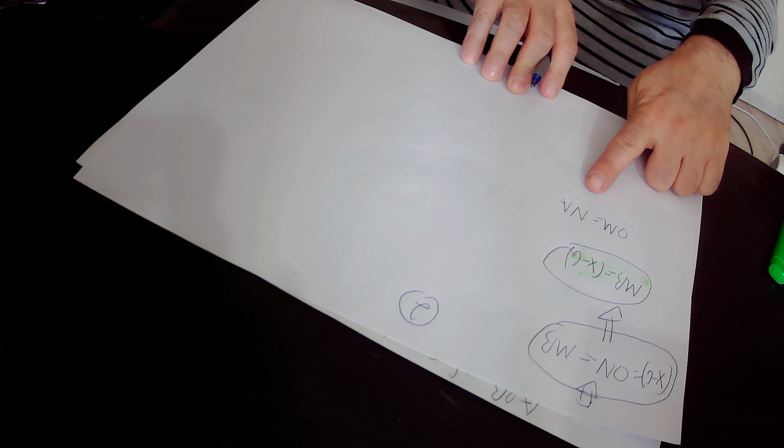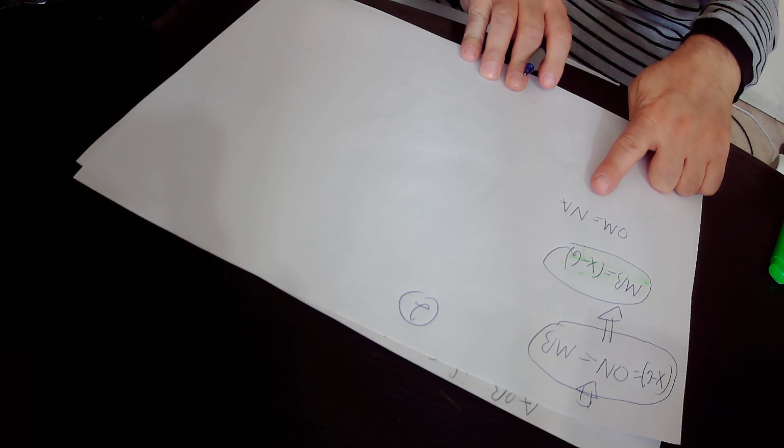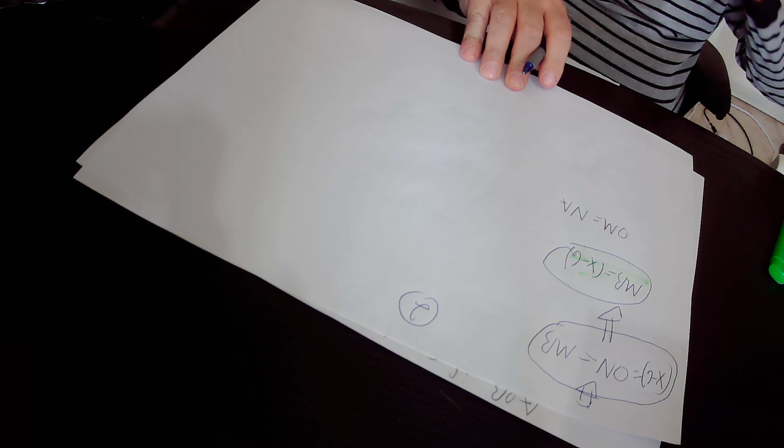Side OM equals side NA according to the rule that corresponding sides in congruent triangles are equal to each other.